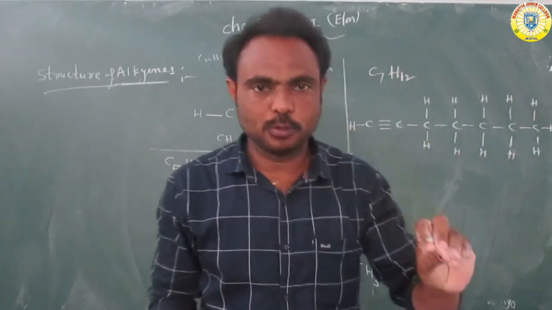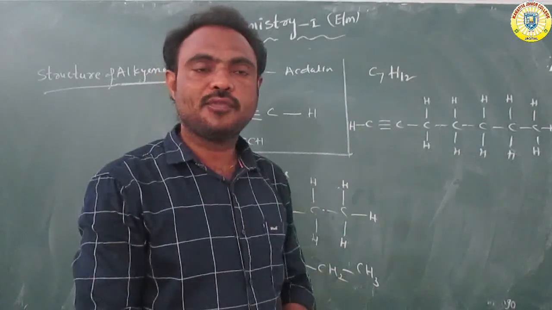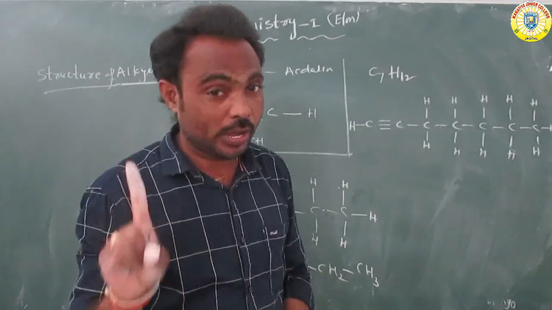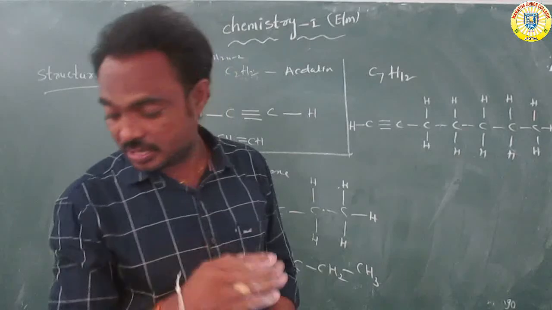Total 12 hydrogens. That is the structure of heptyne. We will write another structure also, of heptyne.